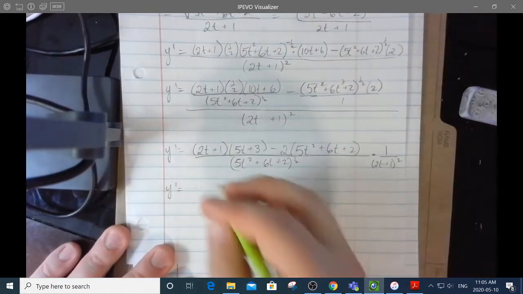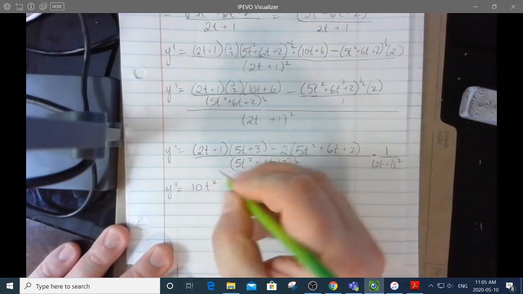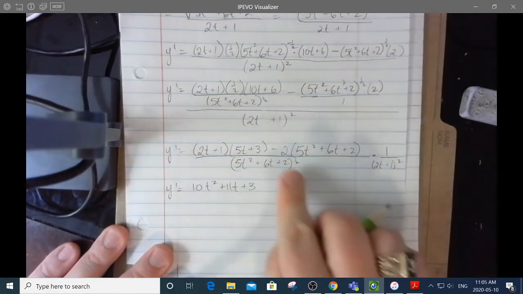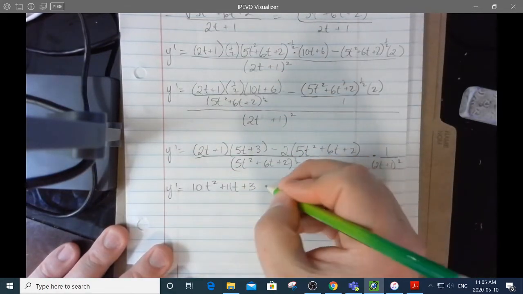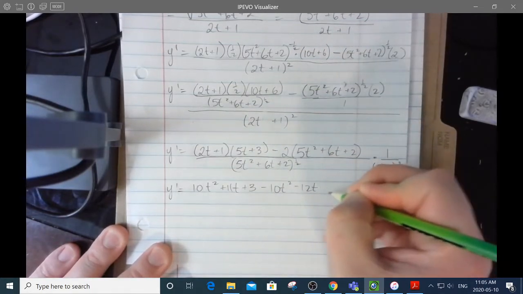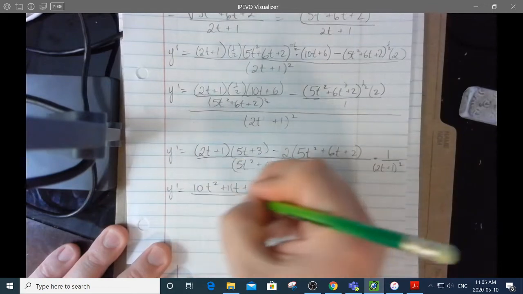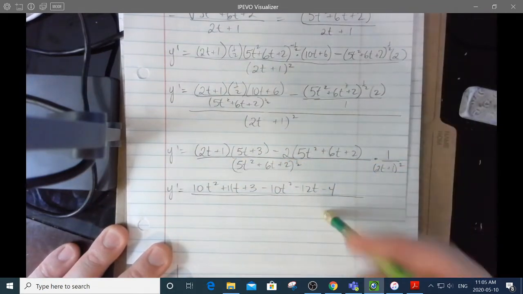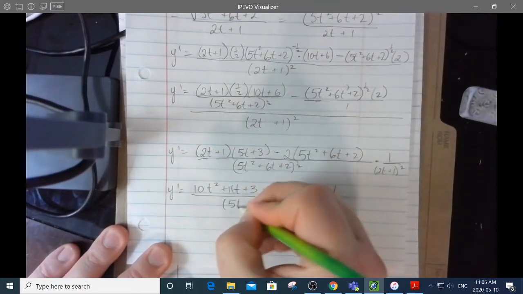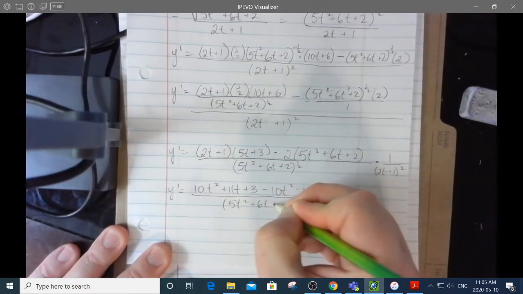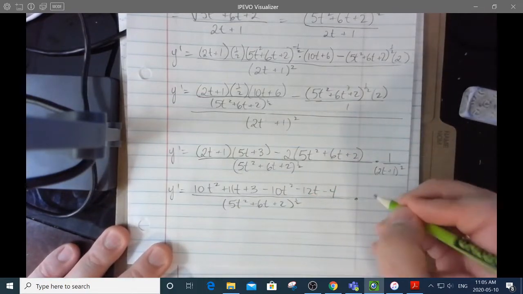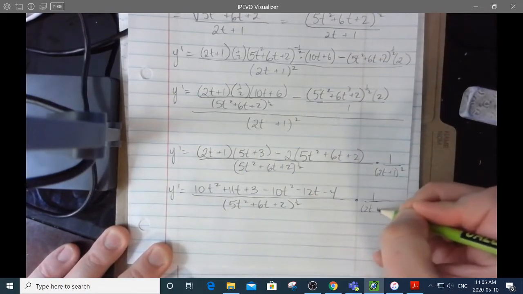So if I expand them both, this is 10t squared plus 11t plus 3. And I'll expand and distribute that negative at the same time. So that's minus 10t squared minus 12t minus 4 all over 5t squared plus 6t plus 2 to the power of a half times 1 over 2t plus 1 squared.